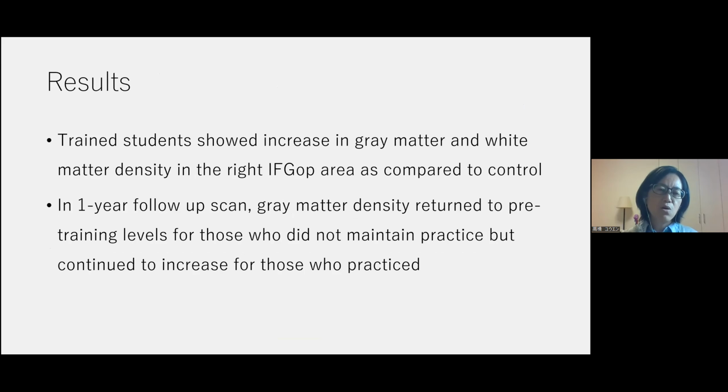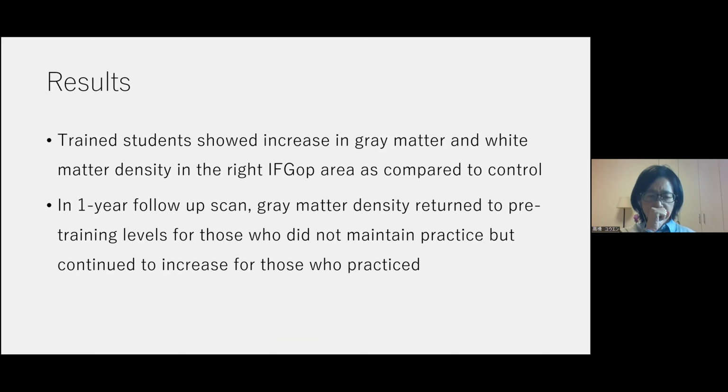And the results showed that students receiving training showed an increase in gray matter and white matter density in the right hemisphere, the area controlling language perception, as compared to the controls, people who did not receive any training.